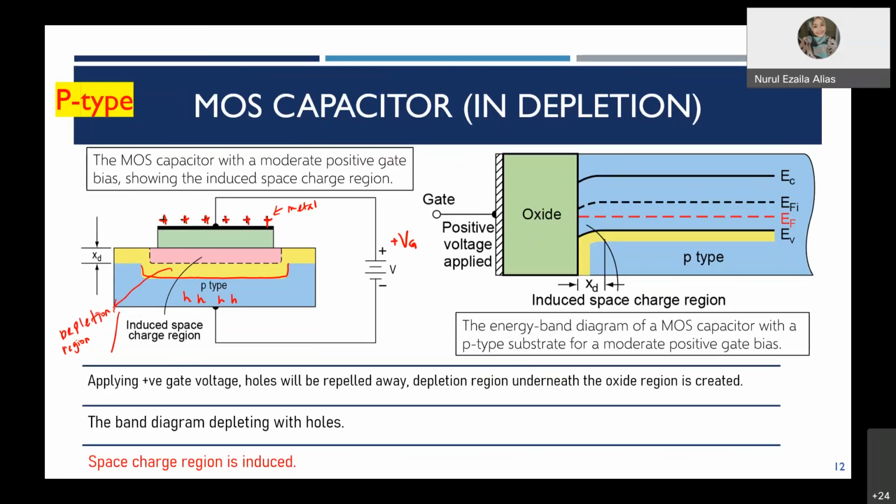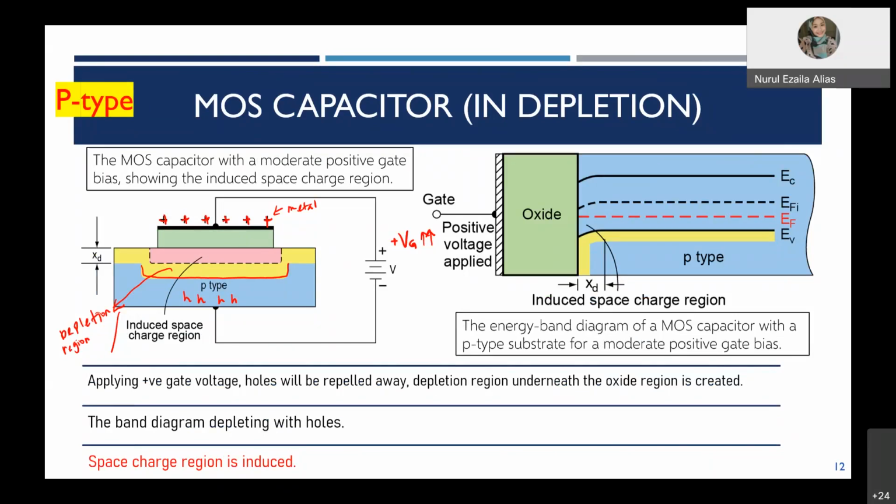So it could be depletion region or space charge region. However, some minority electrons also will be able to be attracted if this Vg is increased, and this happens in the inversion. Let's take a look over here. When Vg is positive, there will be holes repelling away, and it will create a space charge region.